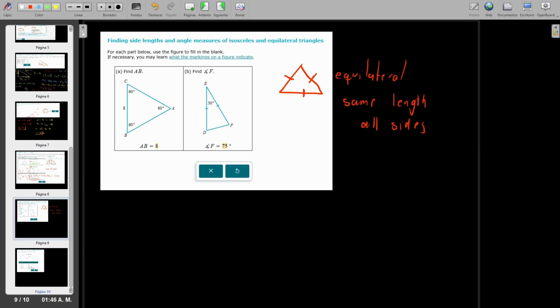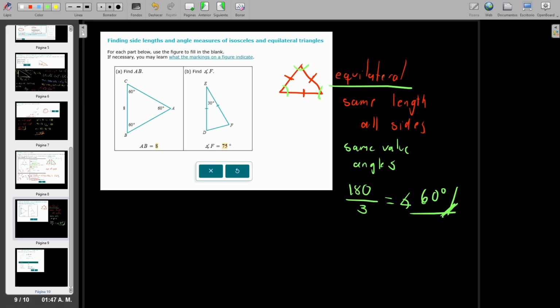Also means that all its angles are going to be of the same value. Same value and angles. Which means it's going to be 180 degrees over 3, because there are three angles, so all of its angles are going to be 60 degrees in equilateral triangles.